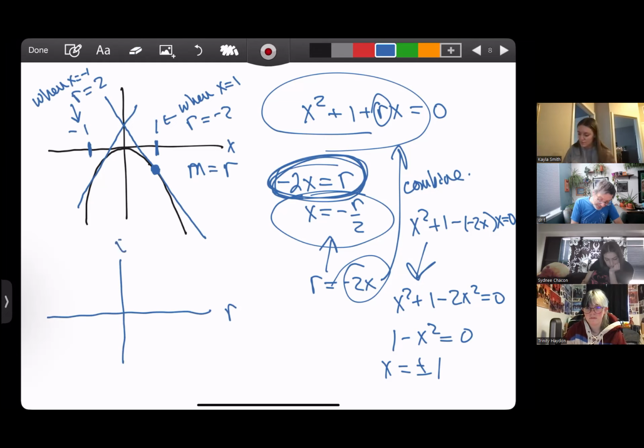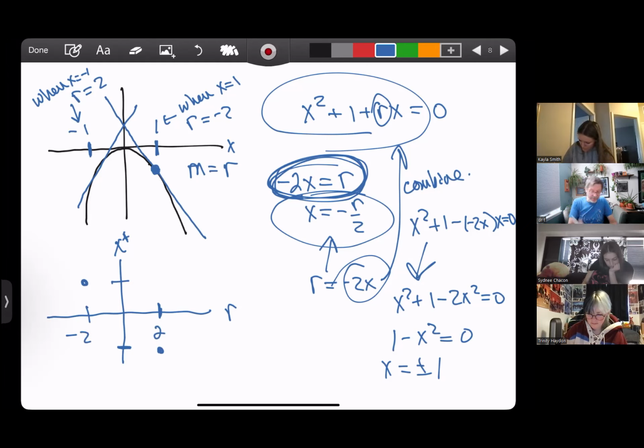So that means down here in the bifurcation diagram, I've got a bifurcation that occurs at 2 and at -2. And at that point, check it out. When I'm at -2, x is equal to 1, and when I'm at +2, x is equal to -1.